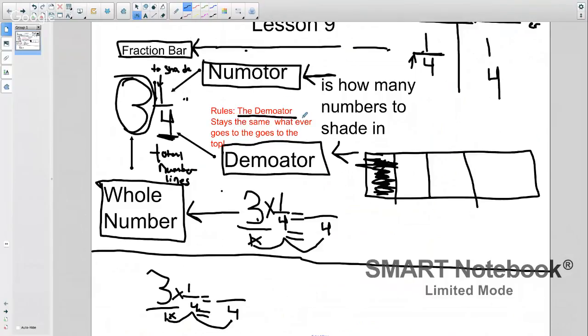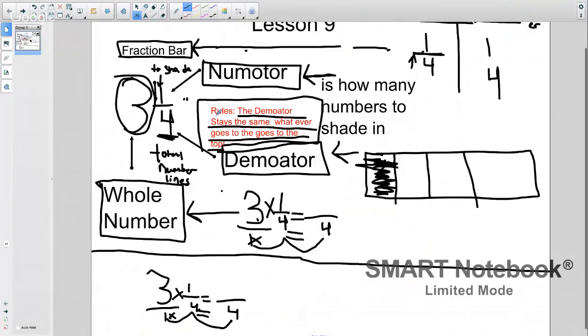And I'm going to underline that too. I'm going to make a box over it. Rules. Underline that too. 3 times 1 is 3, 4 fourths.